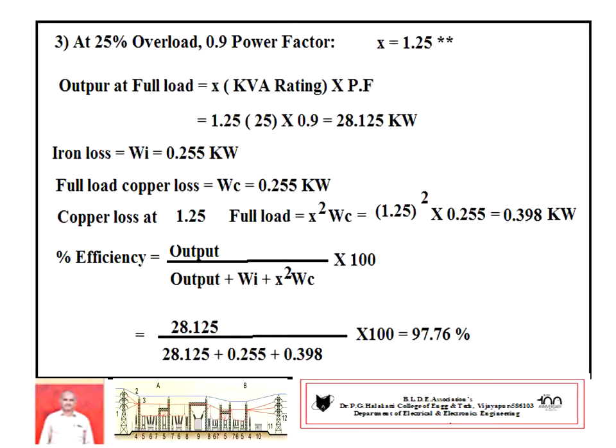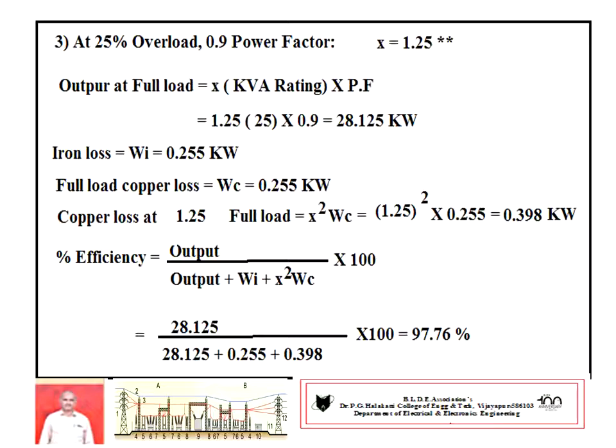One important thing is the third one, at 25% overload, 0.9 power factor. It is very interesting: when x is 1 it is known as full load condition. 25% overload means it is greater than full load, therefore x becomes 1.25.